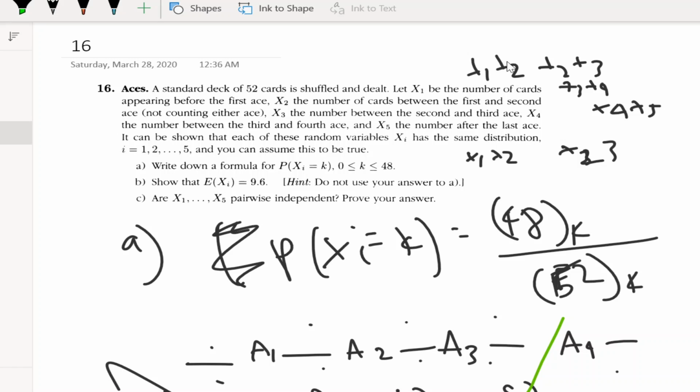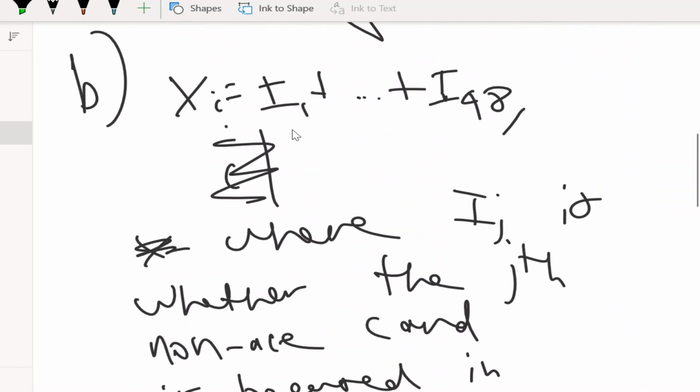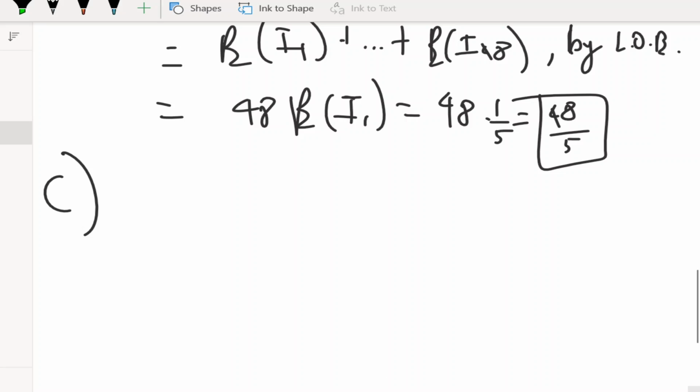Because maybe you got all 48 in all the other combinations, then this one has to be 0. These two have to be 0 if you got it in all the other pairs. It's a weird explanation, but I think it kind of made sense. All right, so we have to prove our answer. I'll pause real quick.